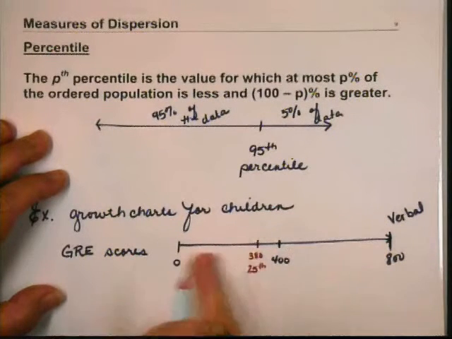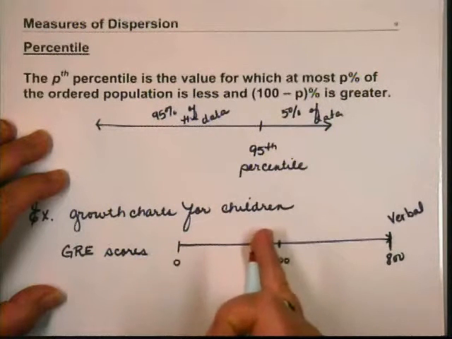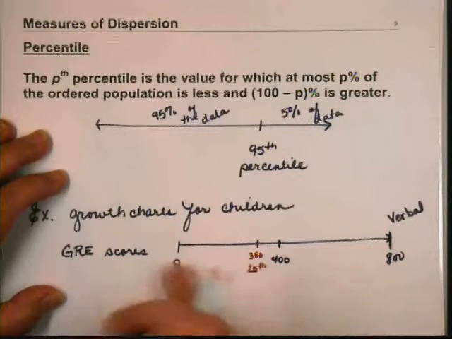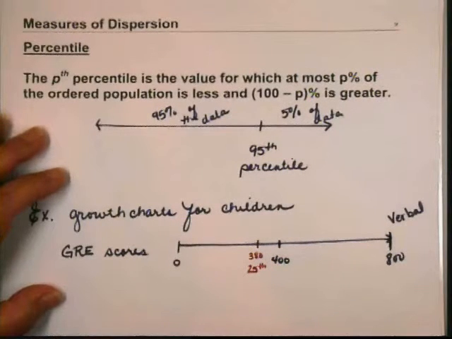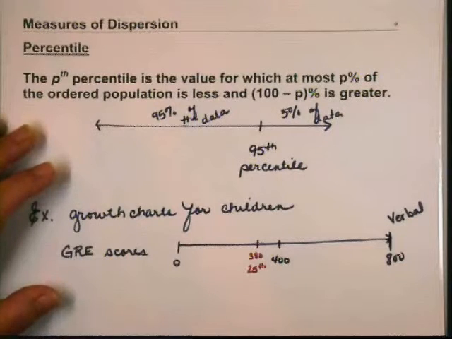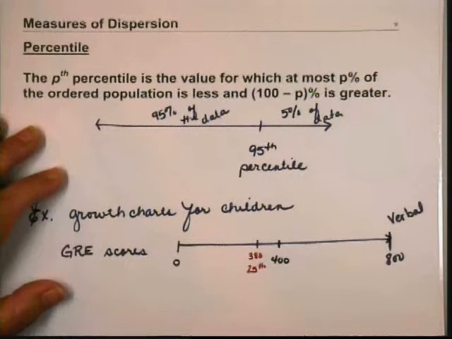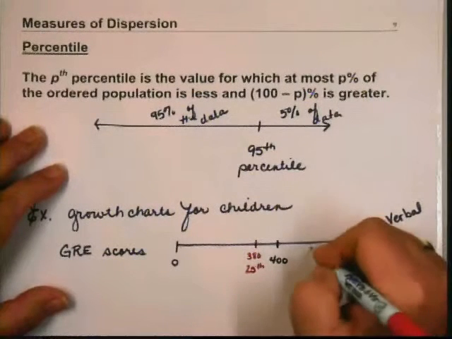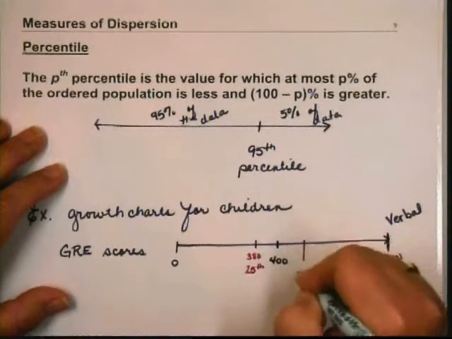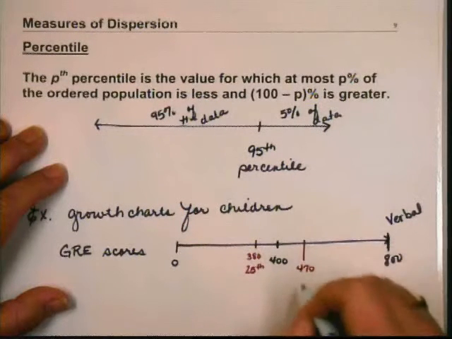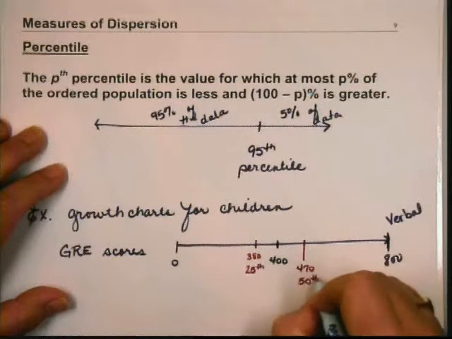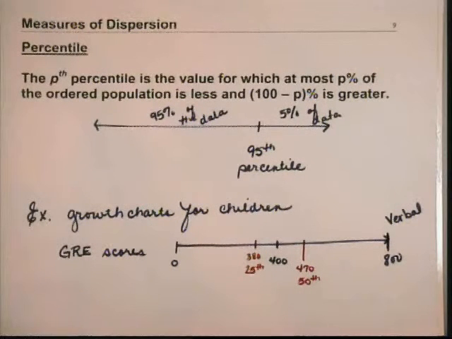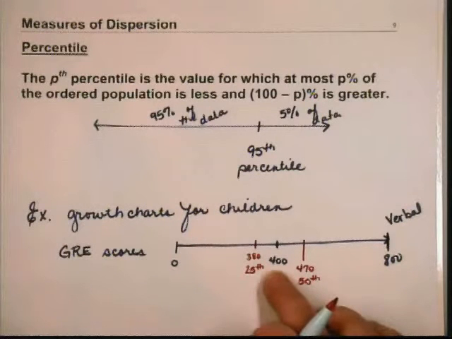So that means 25% were below this score, 75% were above, even though it's not 25% of the distance. That tends to be how they wanted to explain that to me on the growth curve. All right. 470 was the 50th percentile. Well, the 50th percentile would be the median, wouldn't it? Half the data is above, half is below. Okay, so it's not the midway point either.